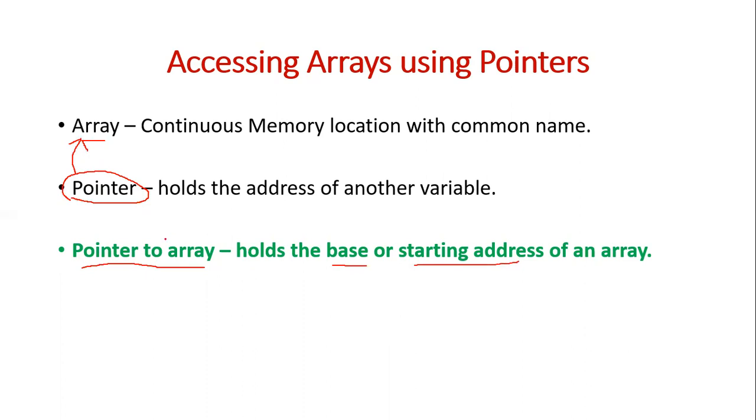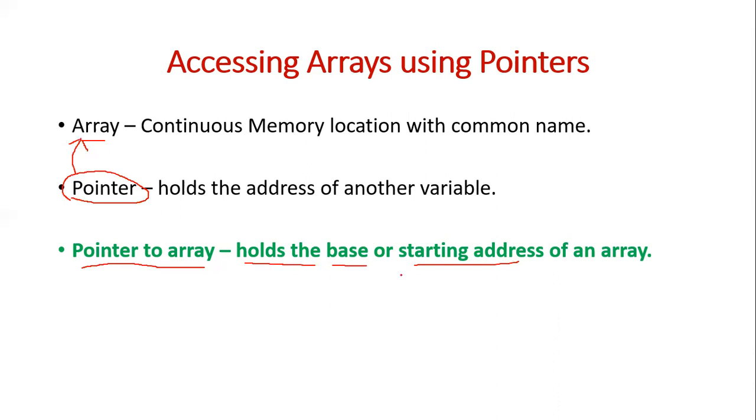First, you should create a pointer depending on the type of the array. If the array is an integer array, then create int star p. If the array is a character array, then create char star p. If the array is a floating point array, then create float star p. That's it. Then that pointer should point to the base address or the starting address of the array.